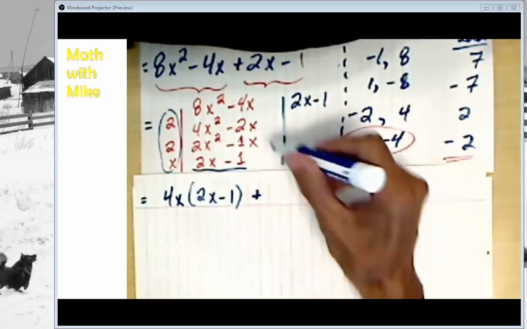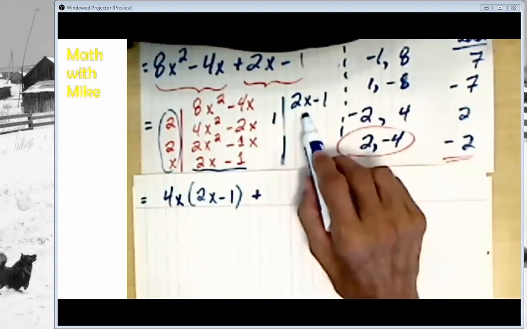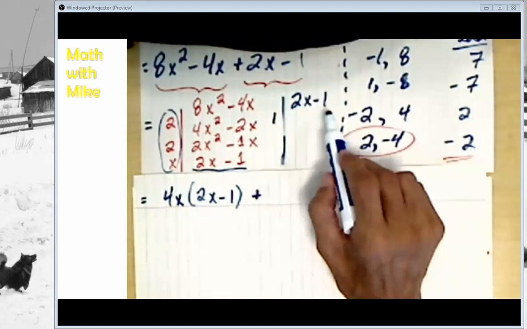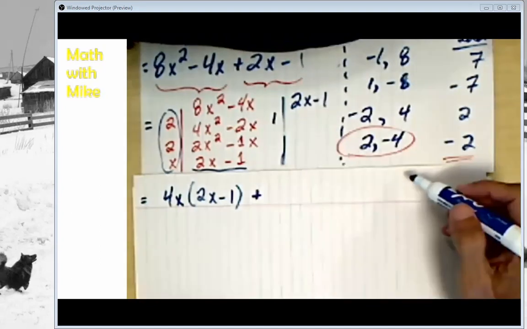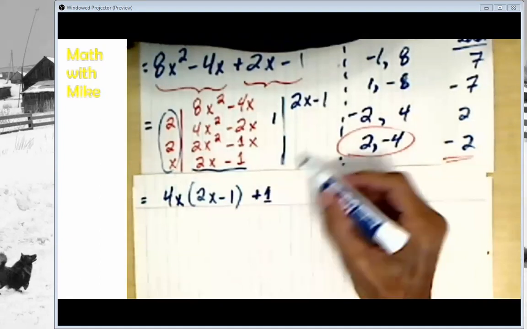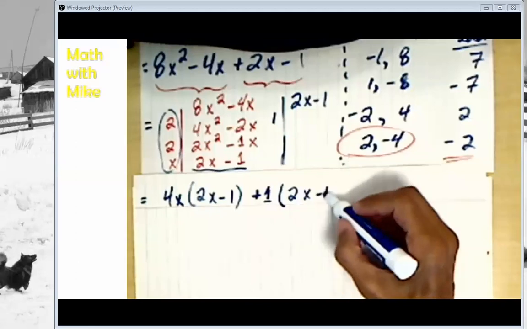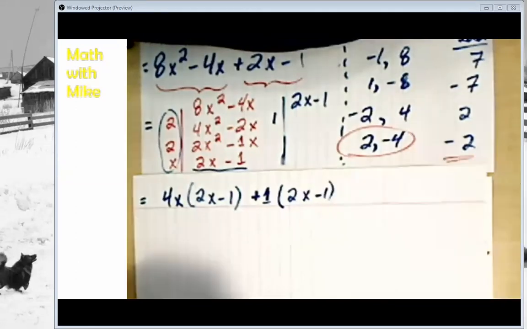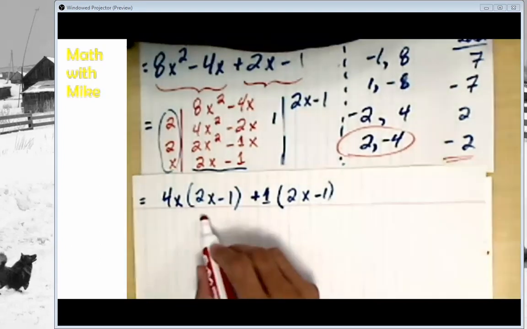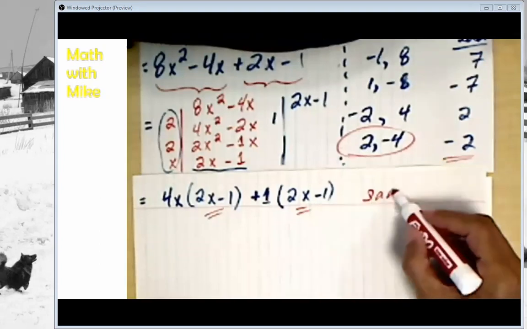So put that down. As for the variables, there's nothing. Okay, so all we can do is write plus 1 now, and then brackets 2x minus 1. And this goes back in time quite a bit, but remember, what we want to see is that these brackets here, we want to make sure that those are the same.